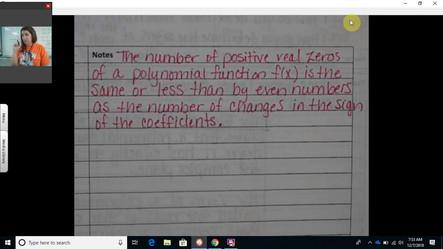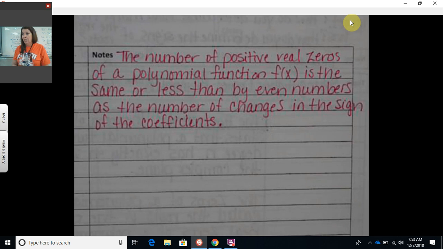Okay? If you go from a positive term to a positive term, that's not a sign change. Positive term to a negative term, sign change. Negative term to a positive term, sign change. Okay? So however many sign changes you have is going to tell you how many positive real roots you're going to have. So say you have 4 sign changes.